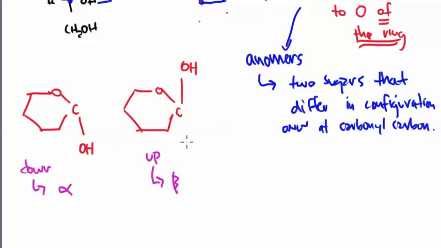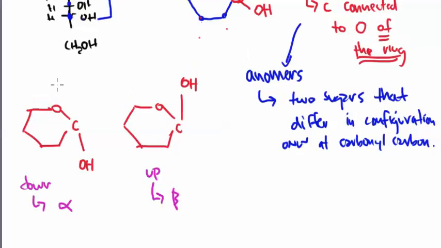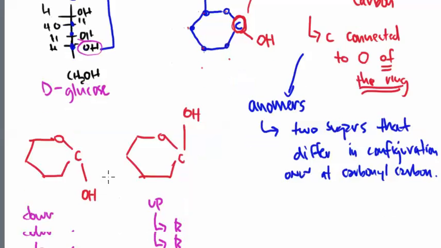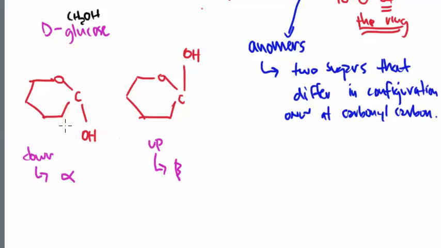Now, I can extend that on even further if I wanted to. This glucose is the D form because this OH group is to the right-hand side. Okay, so that's D-glucose. If I kept all of the locations of the OH groups the same when I made these ring structures, there's a difference here when the ring structure is made.